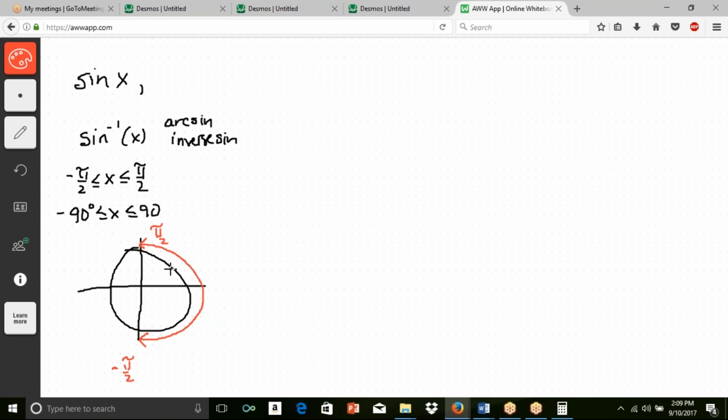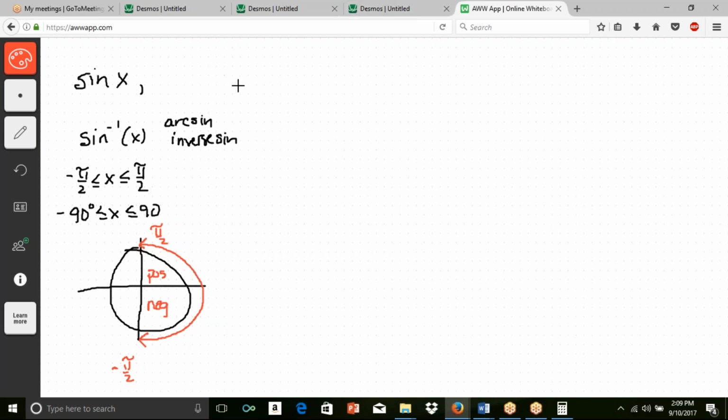So when I throw that in my calculator, it's never going to give it to me in the second quadrant. It's always going to give it to me in the first quadrant. Why? Because sine is positive in the first quadrant and it's negative in the fourth quadrant, right? So if it's between these two, the sine value is either positive or it's negative. And so when I throw it in my calculator, it's either going to give it to me in the first quadrant if it's positive or in the fourth quadrant if it's negative.